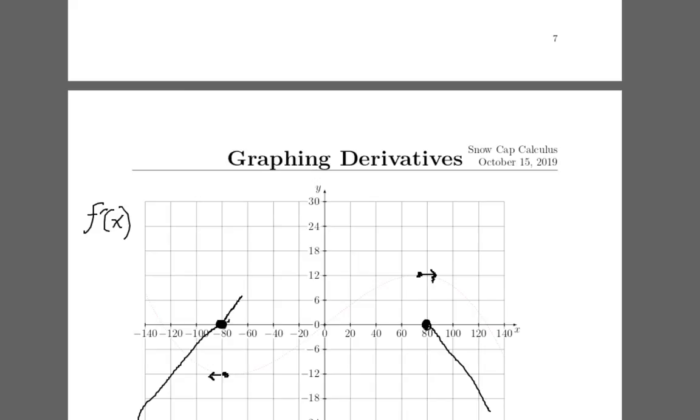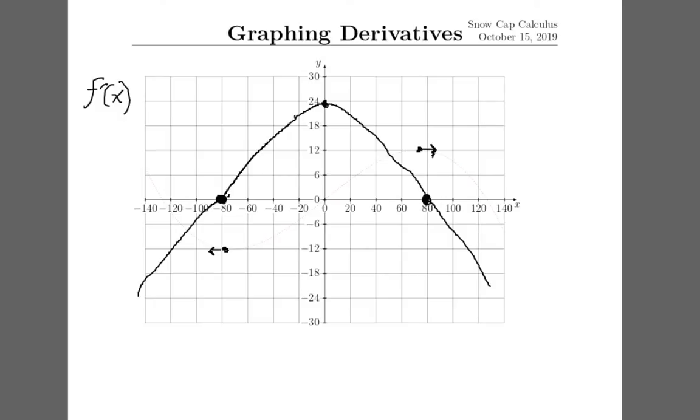So our f prime of x should look something like this. So we have that inflection point on the axis where the slope of our slope, I guess you could say, goes from being positive to negative. All right, and so that would be the graphical representation of f prime of x.